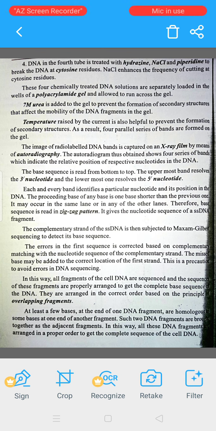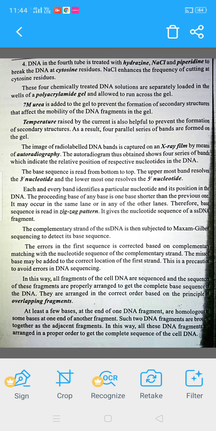The complementary strand of the sequencing DNA is then subjected to Maxam Gilbert sequencing to detect its base sequence. The errors in the first sequence are corrected based on complementary matching with the nucleotide sequence of the complementary strand.